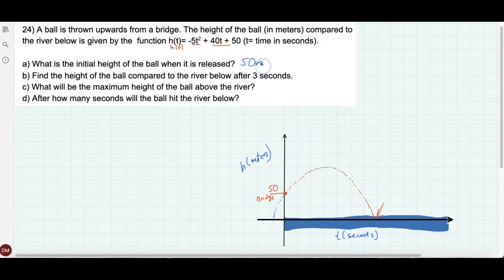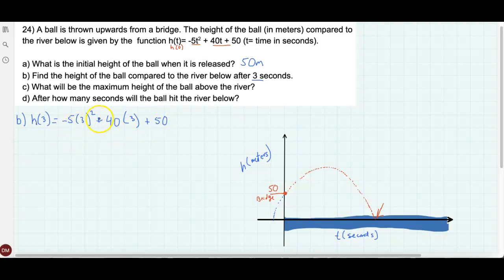So how about when it's at 3 seconds? Well, all we have to do is substitute. So for B, h of 3, that's 3 seconds, is equal to -5 times 3 squared plus 40 times 3 plus 50.